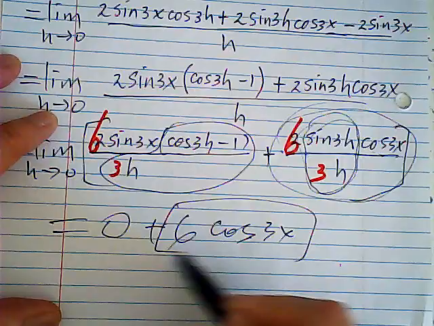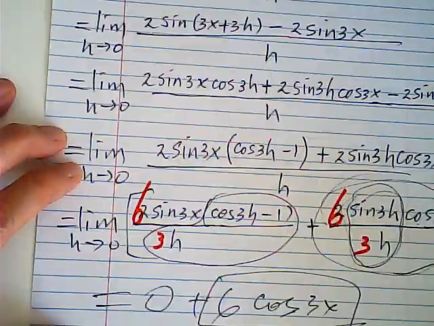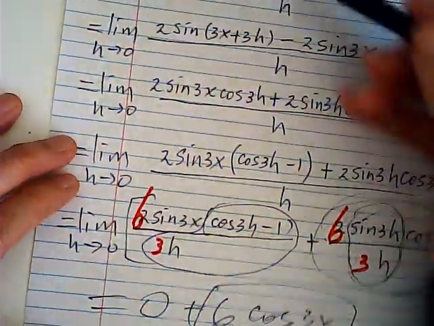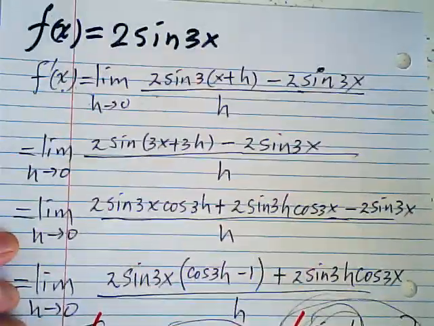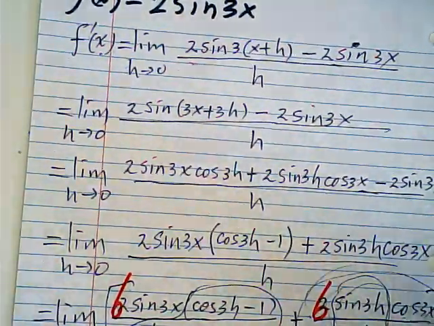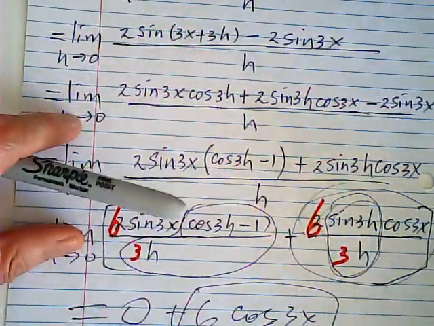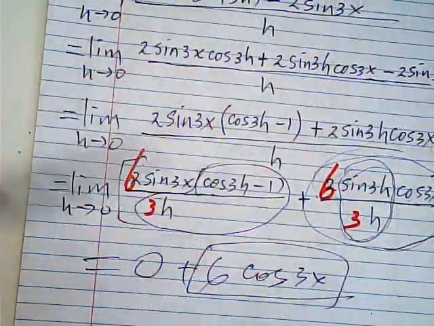This is my derivative of f of x with respect to x by using the definition of a derivative. We didn't use a formula or the chain rule, any rule. No formula, nothing but the definition of a derivative.